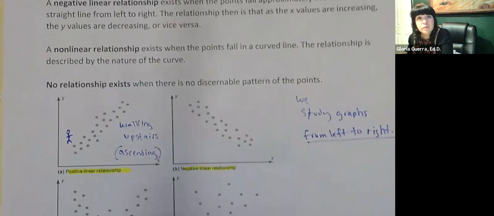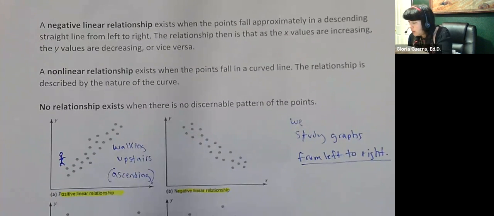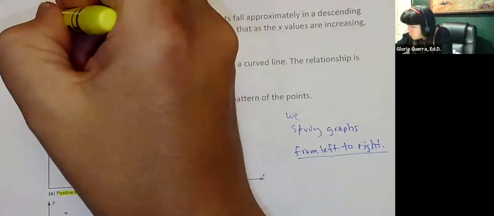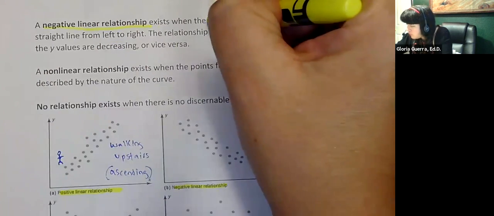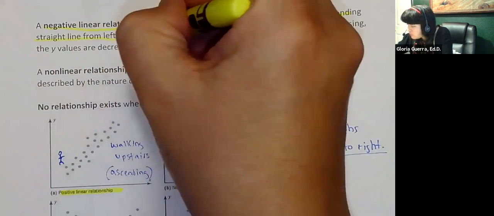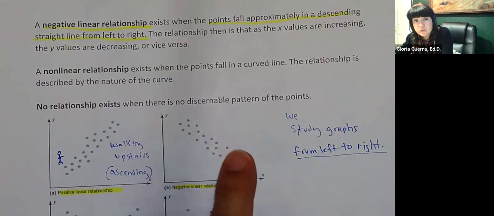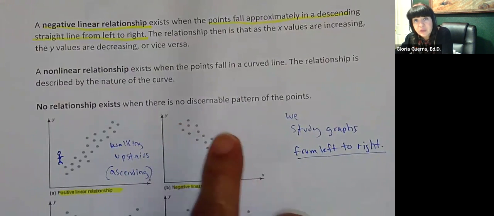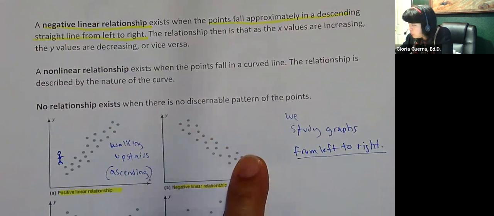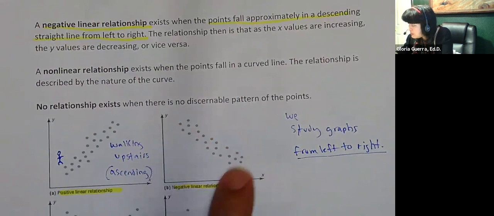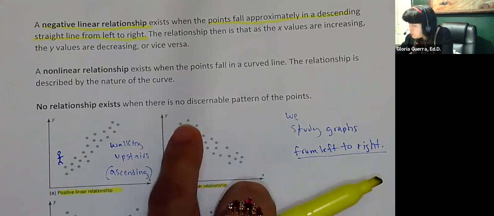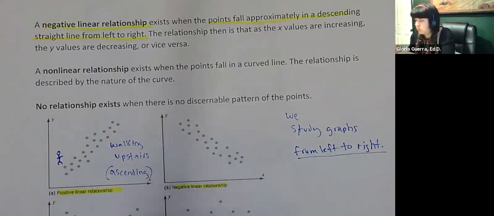With a negative linear relationship, the points fall approximately in a descending straight line from left to right. So from left to right, you're going downwards here. So you're walking downstairs and descending. The relationship then is that as the x values are increasing, these y values are dropping, they're decreasing.